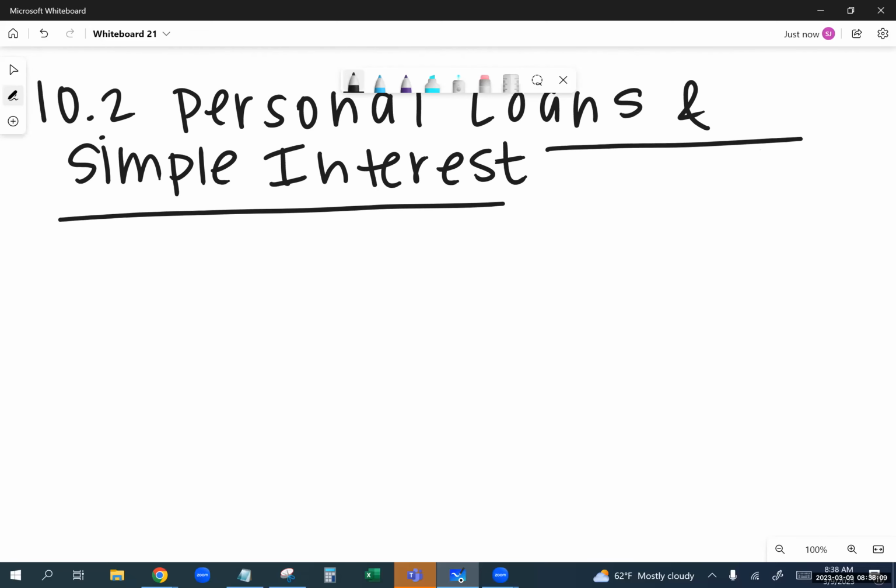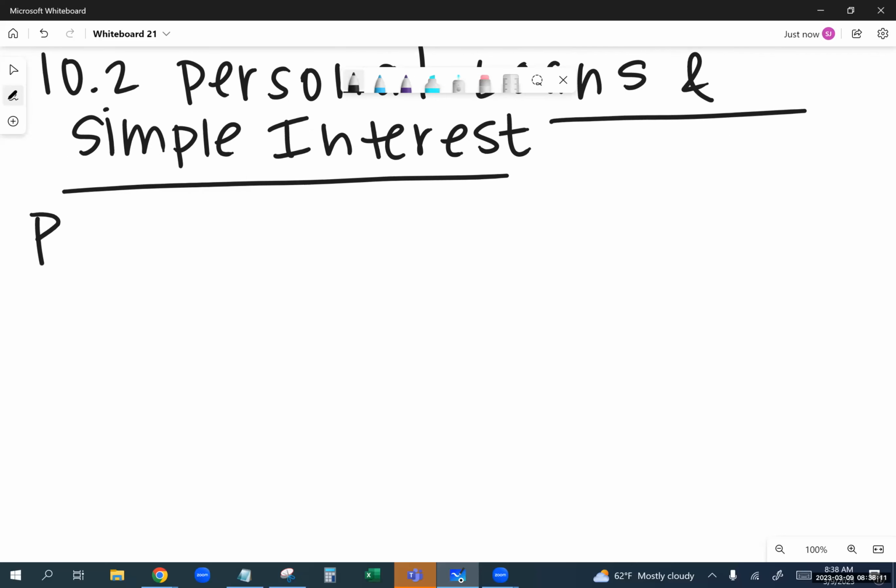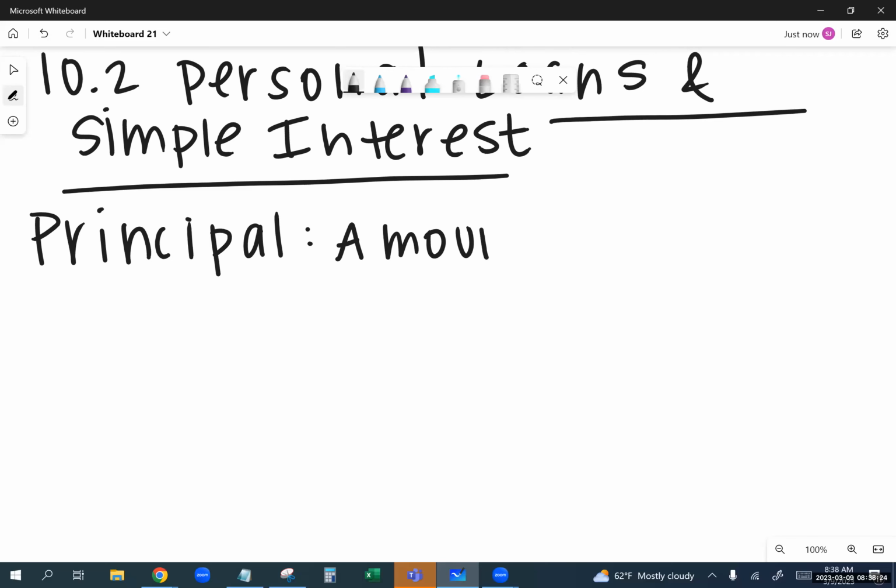Okay, so personal loans and simple interest. The first thing that we're going to define, which will really help y'all if they ask you these questions on MyMathLab, is principal. Principal is the amount of credit extended.